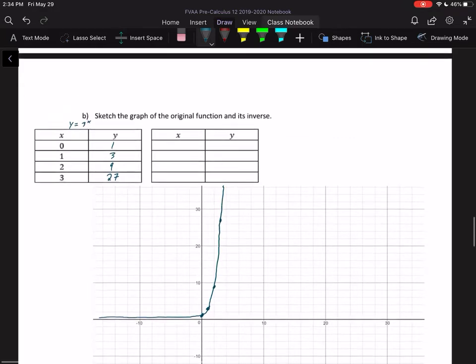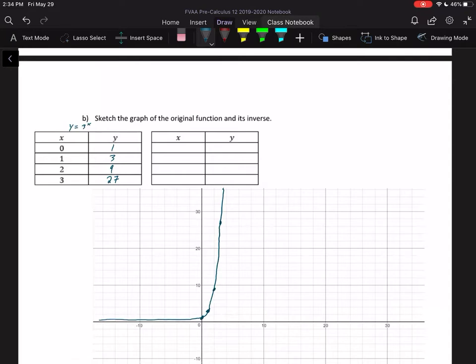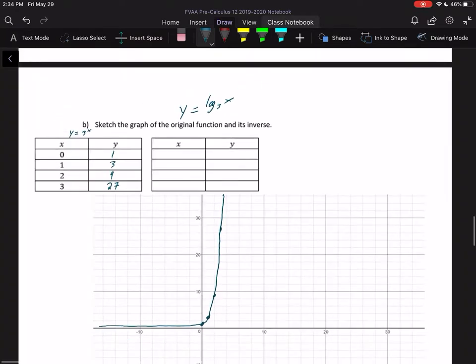All right, and now for the other one, where I have y = log base 3 of x. For the purpose of getting good values into our graph, we're going to use some different input values here. I'm going to input 1/3, 1, 3, and 9.